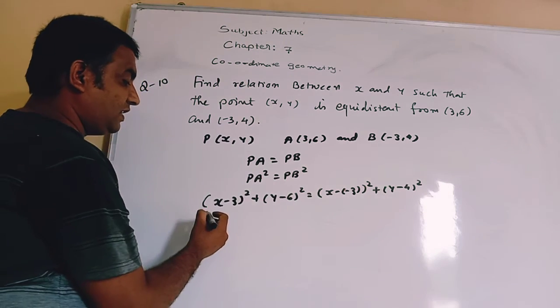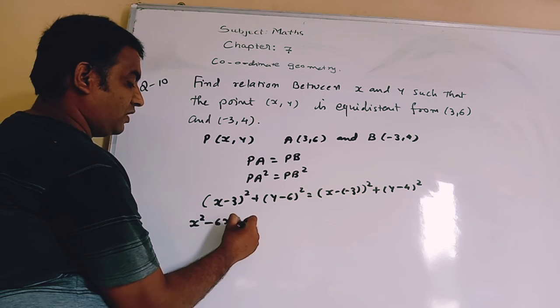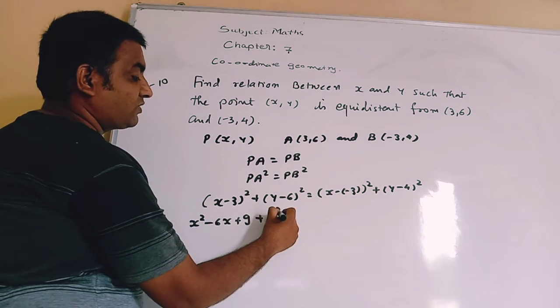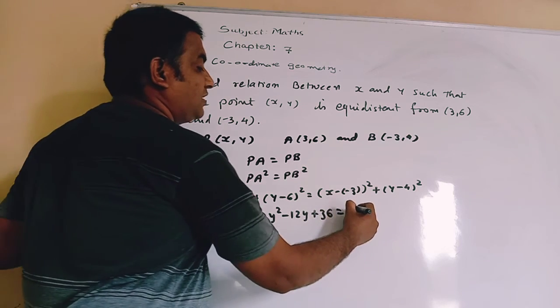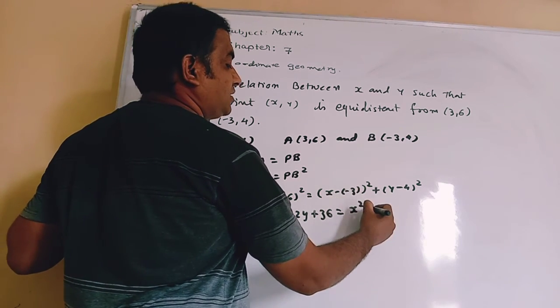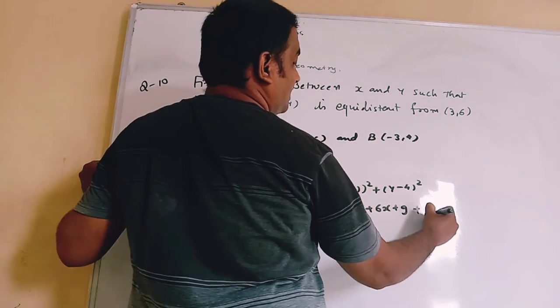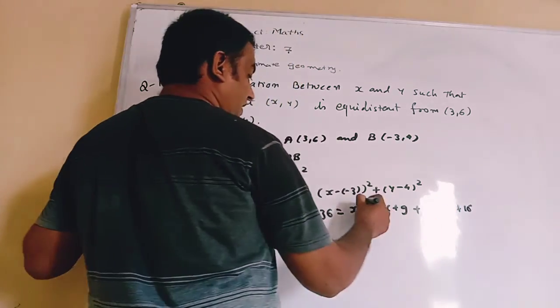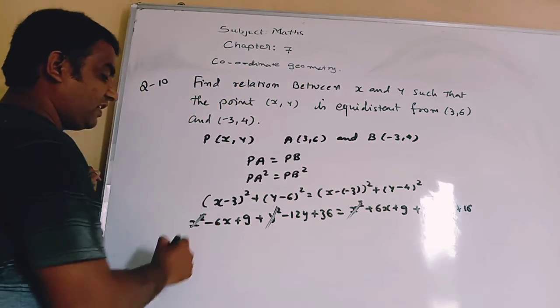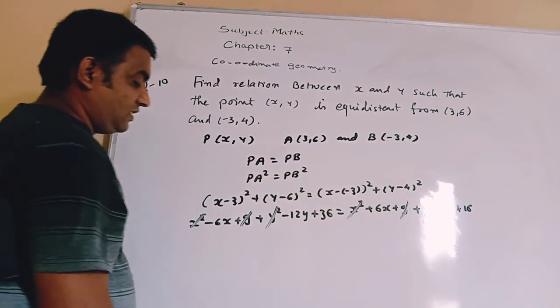So expanding these brackets we get x square minus 6x plus 9, y square minus 12y plus 36 equals x square, now minus minus plus, so plus 6x plus 9 plus y square minus 8y plus 16. So x square and y square cancel, 9 cancel.